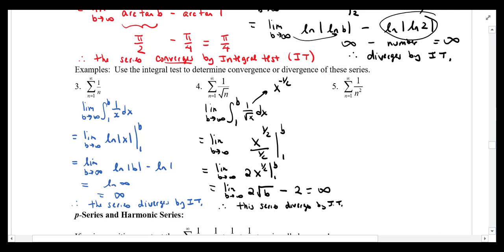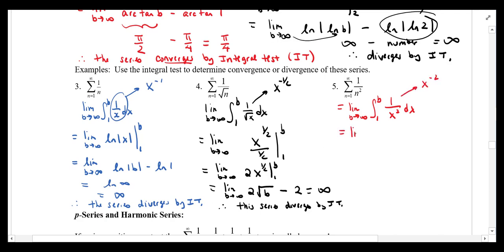Okay? So notice in example number 3, 1 over x is what? x to the negative 1. That diverges. x to the negative 1 half, this one also diverges. And let's take a look at number 5. Same idea. Do you think this diverges too? Well, let's find out. That's x to the negative 2.